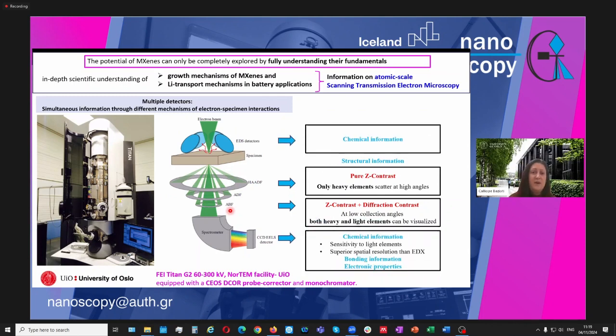Of course, by combining spectroscopies, we can have chemical information by EDX, and even better with EELS. EELS is more sensitive to the detection of light elements, and also we can have access to bonding information and to the electronic properties of materials.